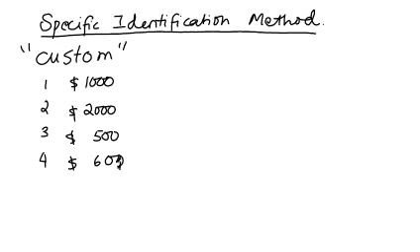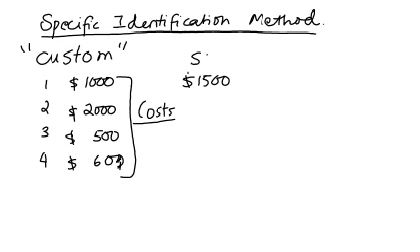And the company also has a sale price on each of them. These are the costs. And then there is also a sale price that the company has on each one of them. For example, this $1,000 one could be having a markup of $500 and the sale price could be $1,500.